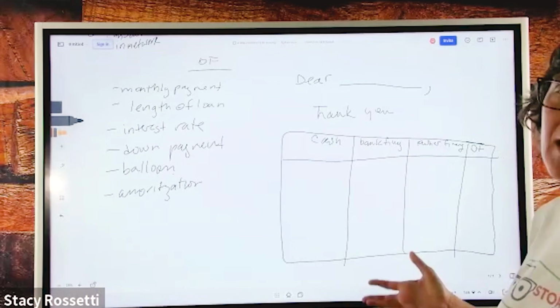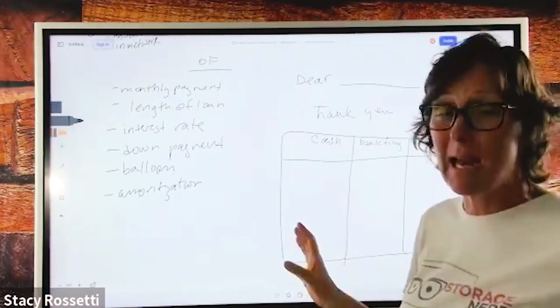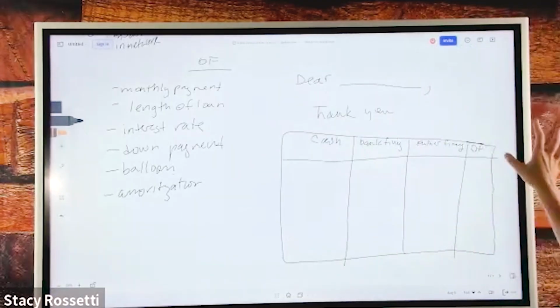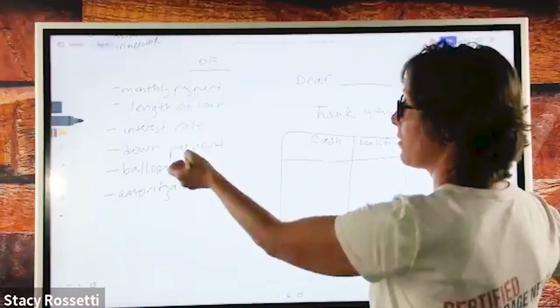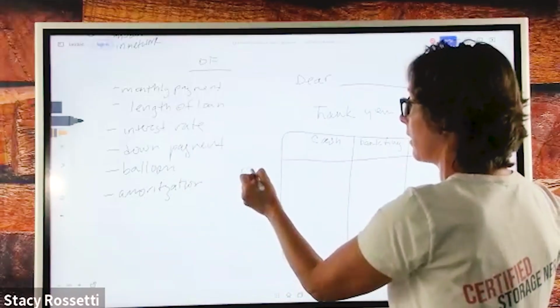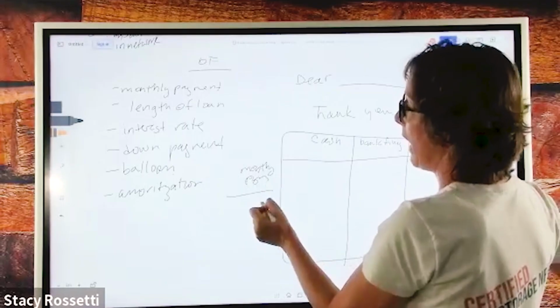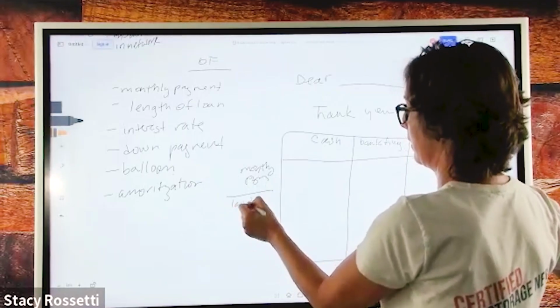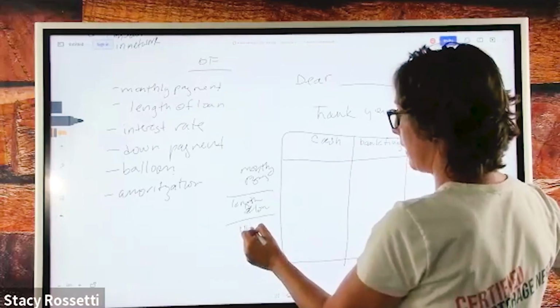But really, bank financing and owner financing are exactly the same. It doesn't really matter what you call them, you just call them whatever you want at the top, right? And then these right here are what are here. So you have the monthly payment. You have the length of the loan. You have the interest rate.